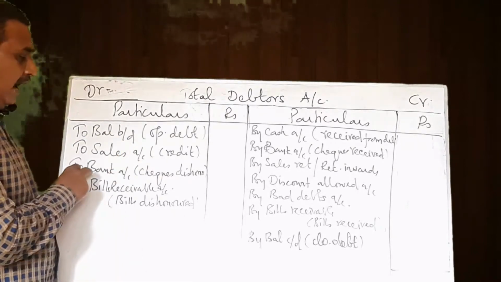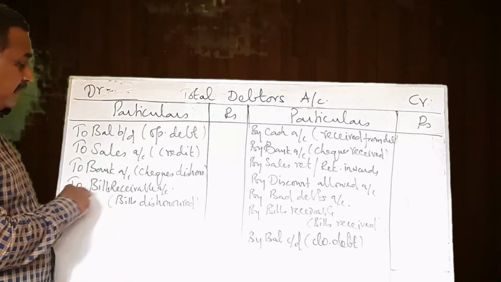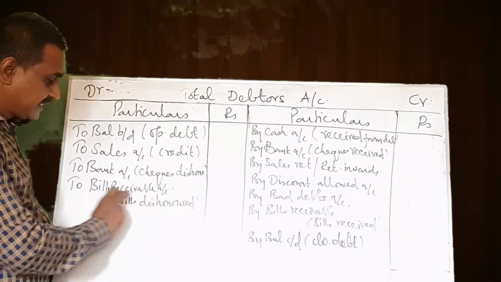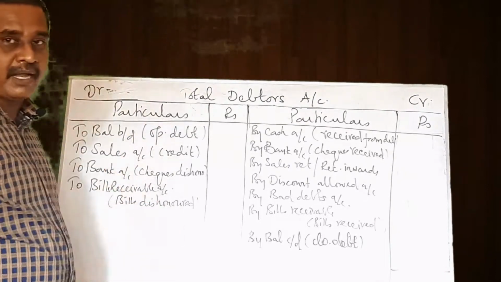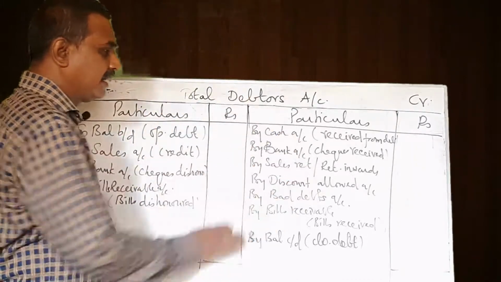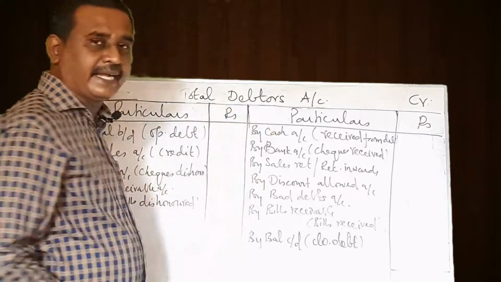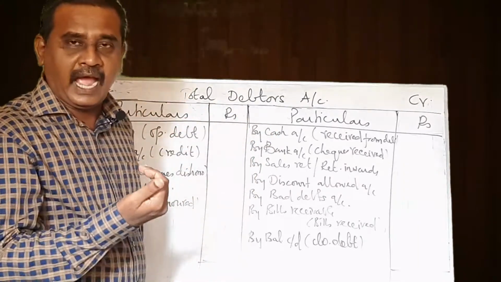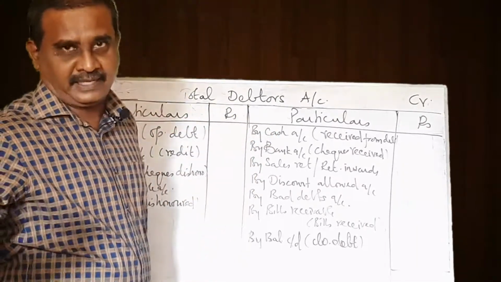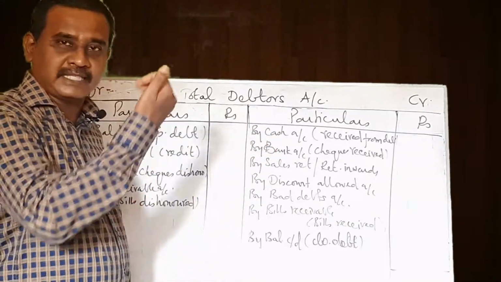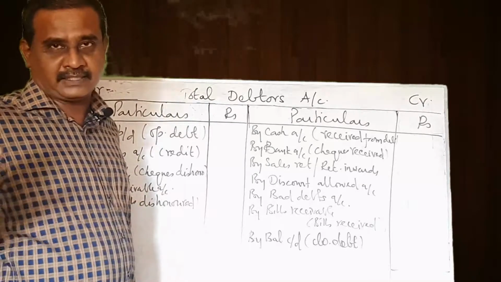And cheques dishonoured, bills receivable, bills dishonoured. Let me explain bills receivable in the bills receivable account. Come to this side. By cash account, cash received from debtors. What could be the entry? Debit what comes in and credit the giver. Now cash comes into the business, so cash account debit to debtors account.